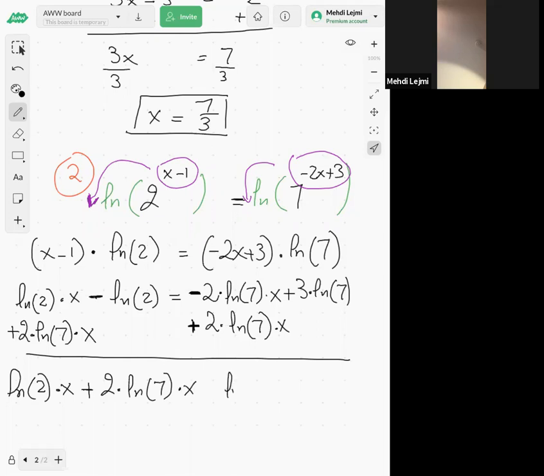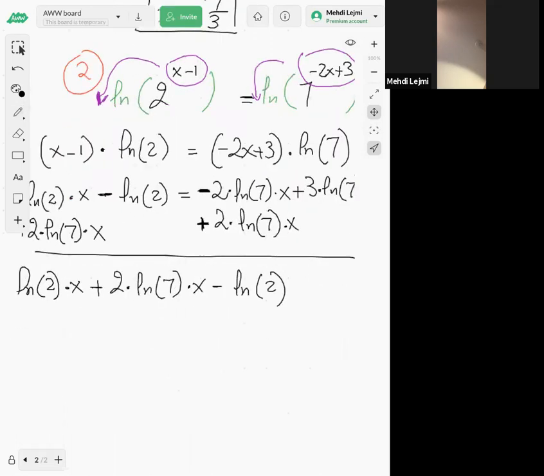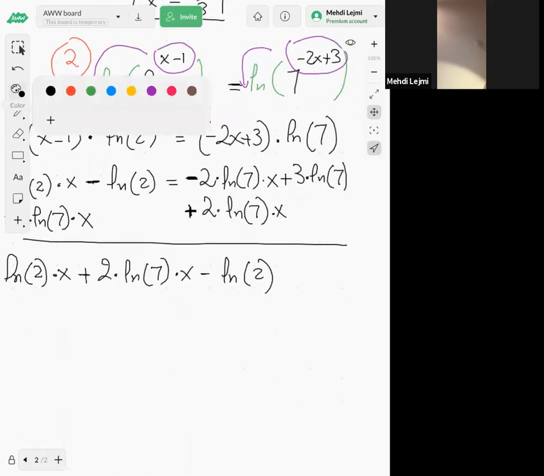On the right side, the minus 2 natural log of 7 times x cancels out. So now we are left with the plus 3 times natural log of 7, right?